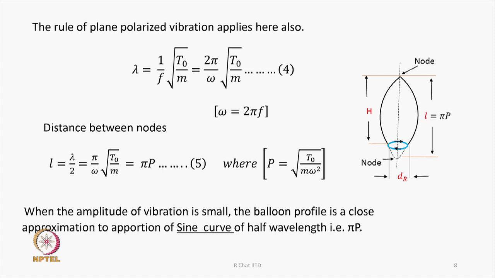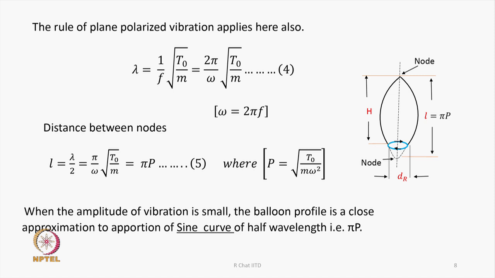This quantity, omega root over T 0 by m, we replace it by p. So, p is root over T 0 by m omega square. If I take omega under the square root, then omega changes to omega square, and therefore, p becomes root over T 0 by m omega square.